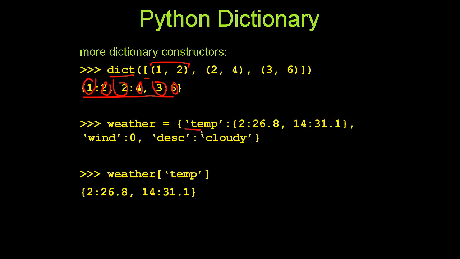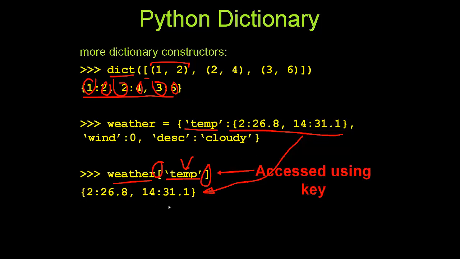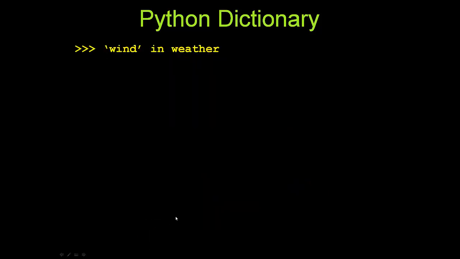Temp here is a key. If you use square brackets with the key, you will get the value associated with the key. It turns out that the value associated with temp is actually another dictionary. If you do weather with some key which doesn't exist, then you get a key error. You can also do things like win in weather.